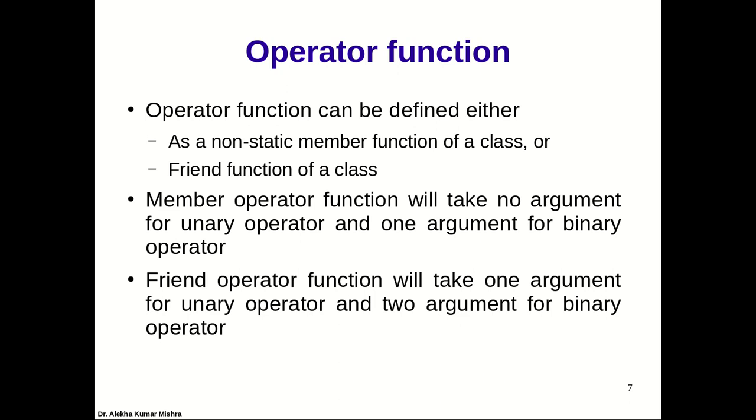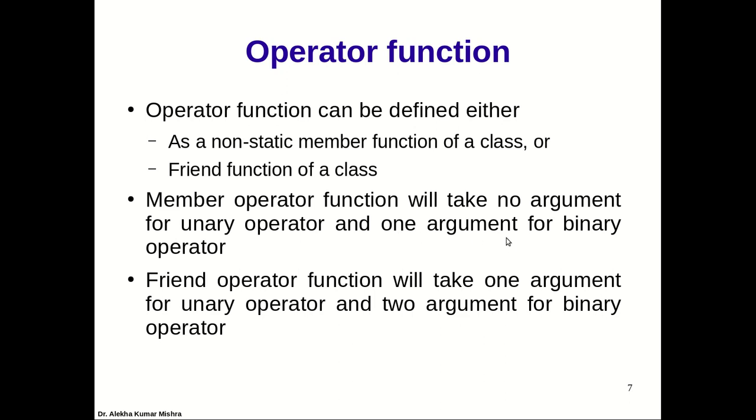But when it comes to a friend function, it will take one argument because that object has to be explicitly passed to the friend function, the outsider function. Similarly, for a binary operator, one object is passed implicitly, so there is only one more object, because for a binary operator we need two operands, and the other object will be passed as an argument.